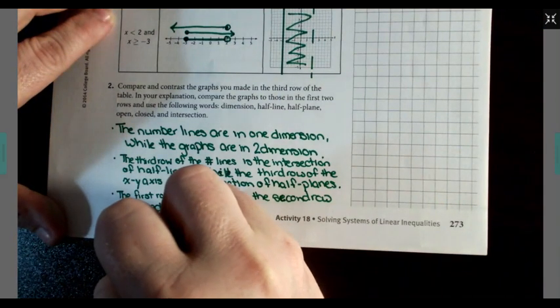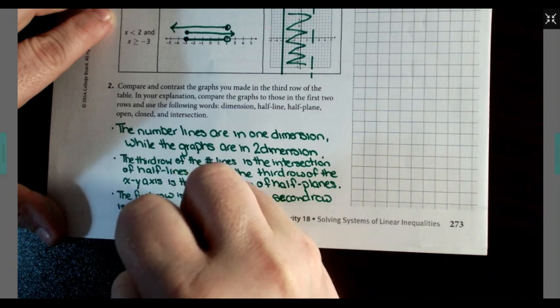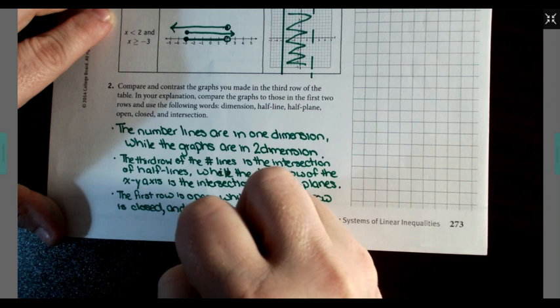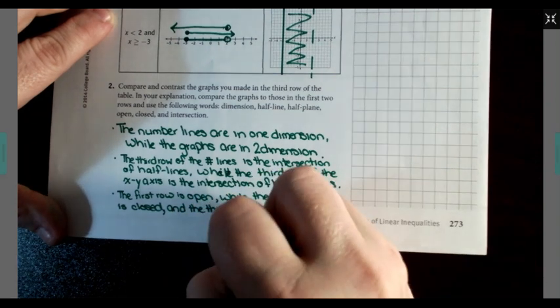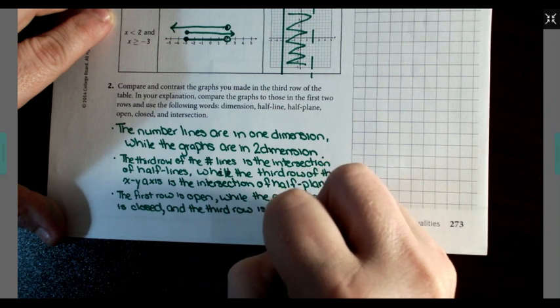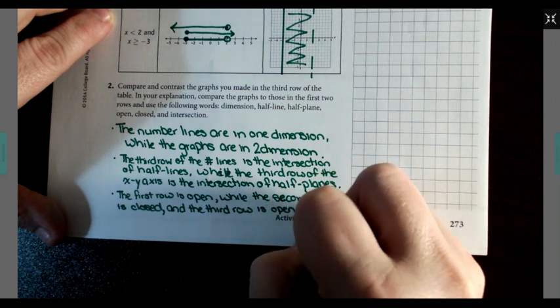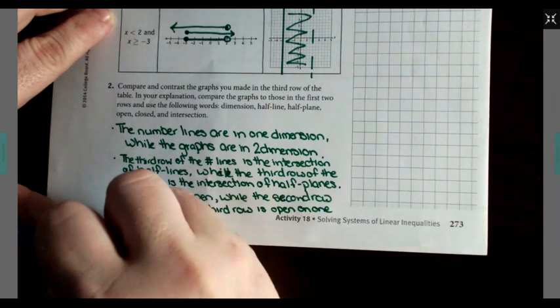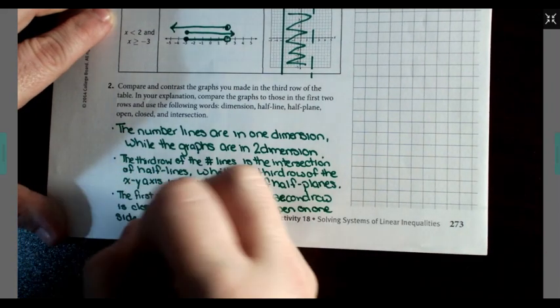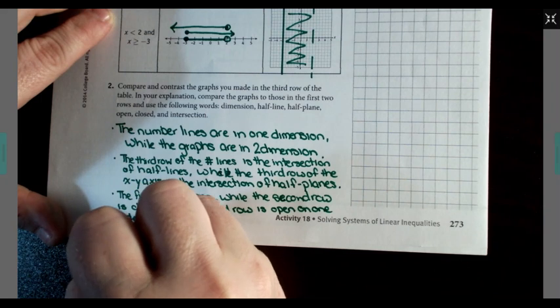And the third row is open on one side and closed on the other.